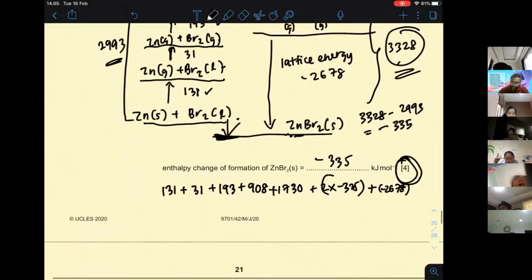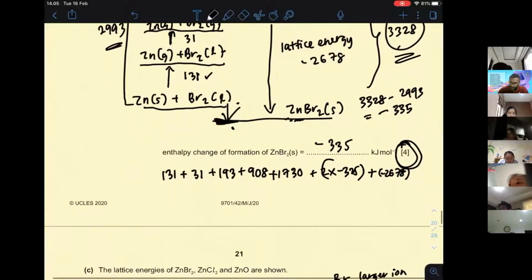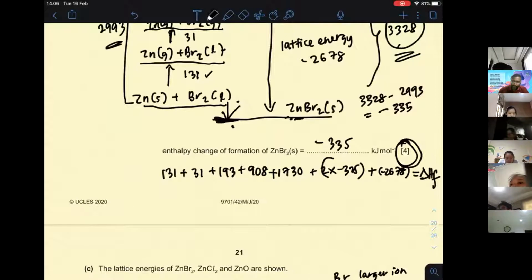This is anti-clockwise, equals to the enthalpy of formation. So you calculate, and you are going to get the enthalpy of formation as negative 335. If the examiner wants this method of working, you can also write it down, no problem.